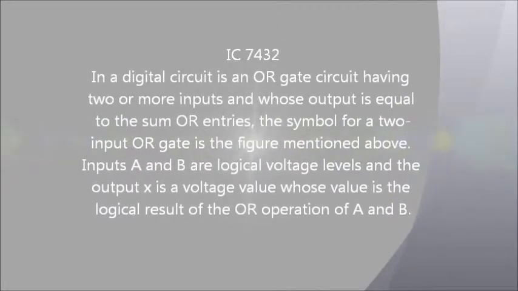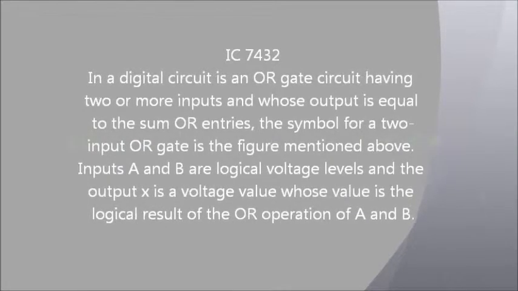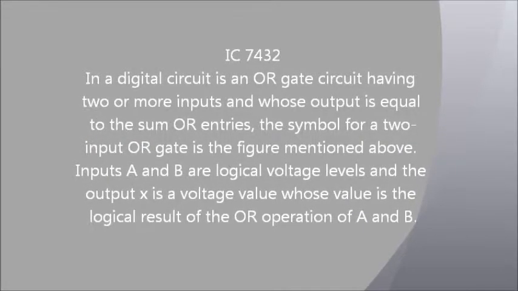7432. In a digital circuit, an OR gate is a circuit having two or more inputs and whose output is equal to the sum or OR of the entries. The symbol for a two-input OR gate is the figure mentioned above.